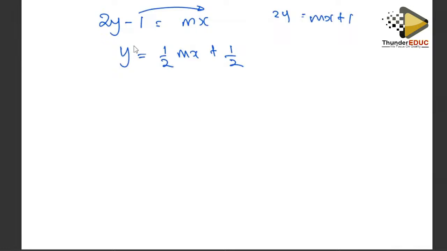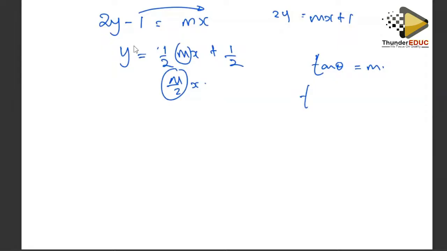What does this mean? We need the value of m. But we know that this m is the same as m over 2 times x. So this is like the gradient of interest. We know that tan of theta is equal to the gradient, just the normal gradient m.